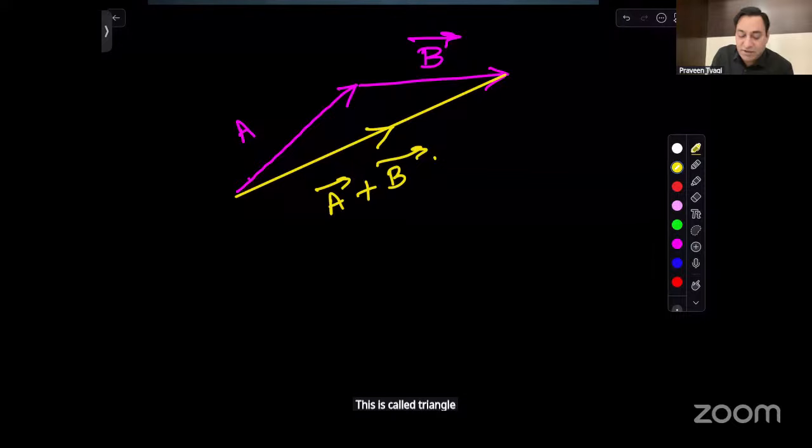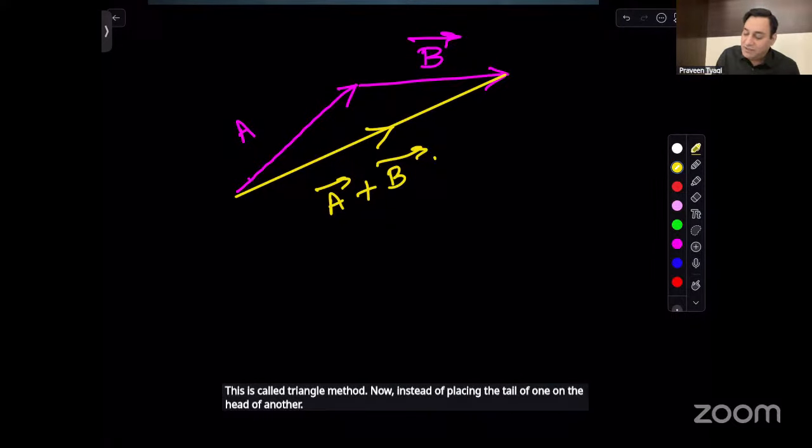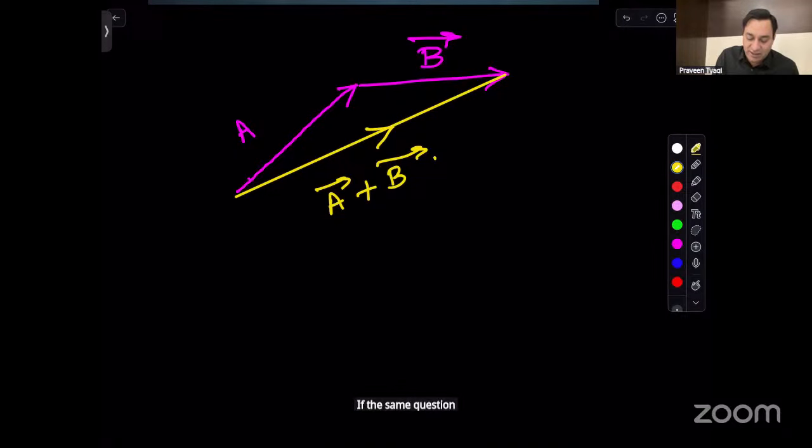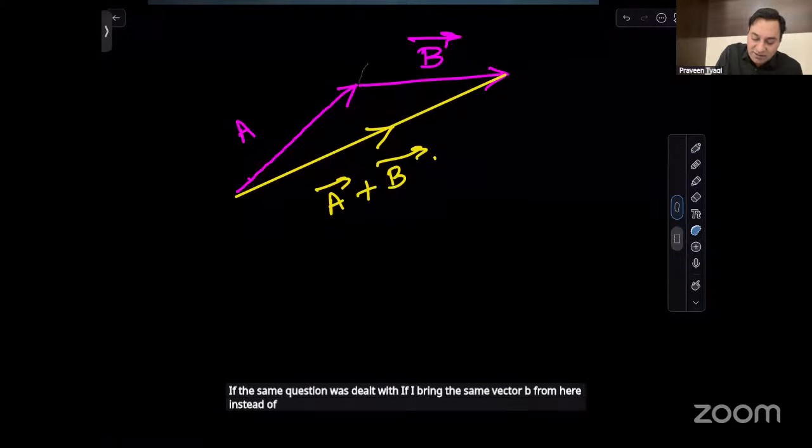Now, instead of placing the tail of one on the head of another, if the same question was dealt with, if I bring the same vector B from here, instead of placing it here, I try to bring this vector here.